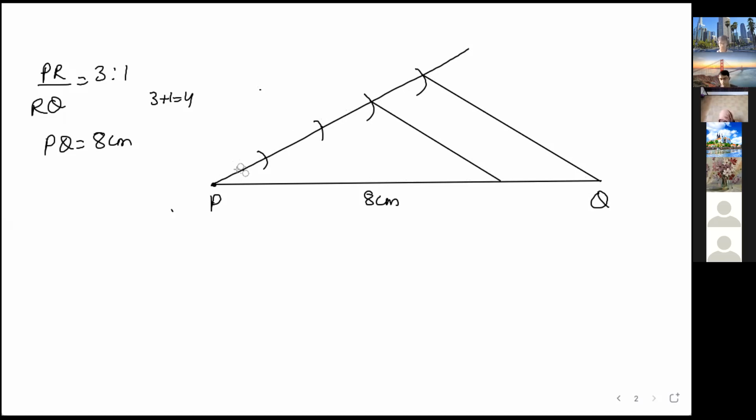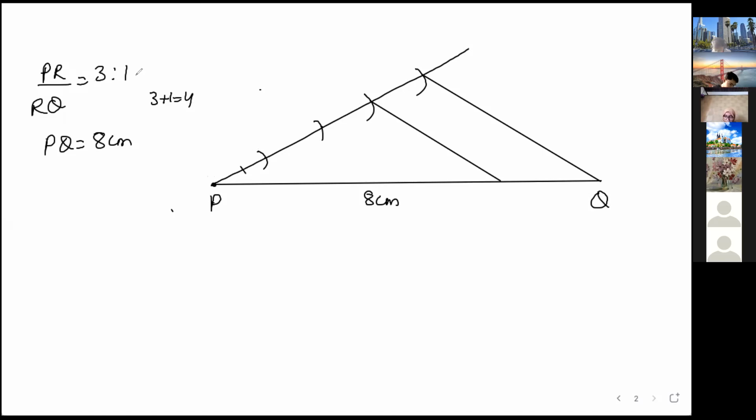So that is why you don't have to move the compass once you have fixed it. Understood? You can take any measure, but because 4 arcs are there, don't take too long a value on the compass divider. Otherwise this line will have to be made very long. Understood? Yes. So take it the way which is comfortable.